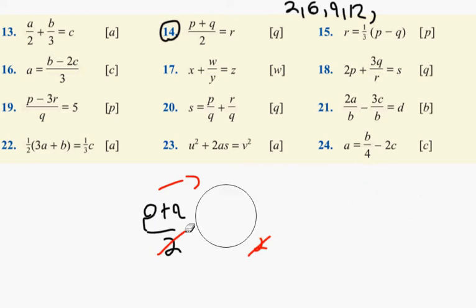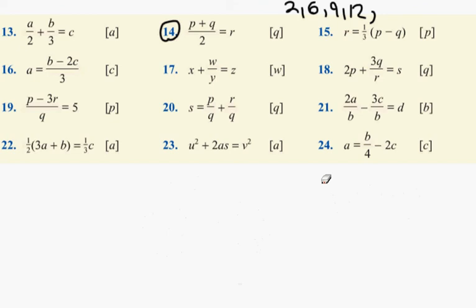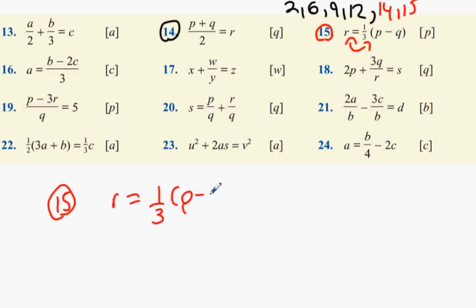Okay, now let's go to what really confuses people, when we write a question like question 15. It's r equals a third bracket p minus q. Now, the way I'd suggest you do something like this is, does anybody remember how to multiply a fraction by a number?